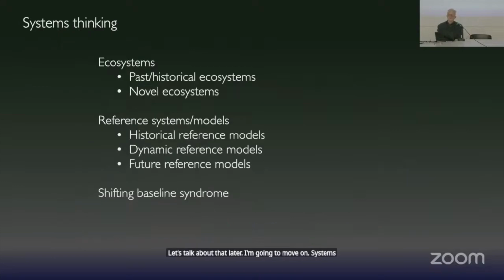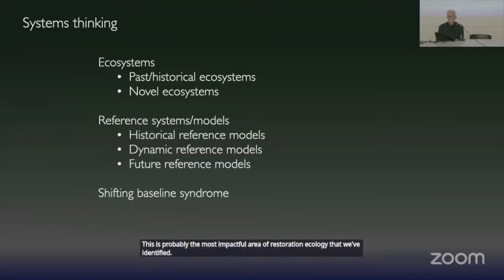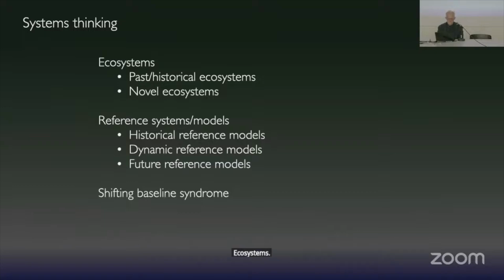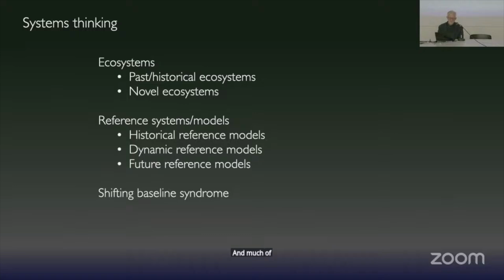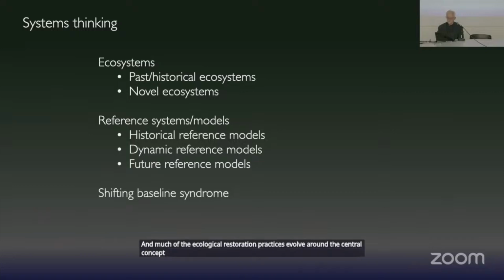Systems thinking. This is probably the most impactful area of restoration ecology that we've identified. Ecological restoration, for instance, is defined by the Society for Ecological Restoration as the process of assisting the recovery of an ecosystem that has been degraded, damaged, or destroyed. And much of the ecological restoration practice evolves around the central concept of ecosystems.